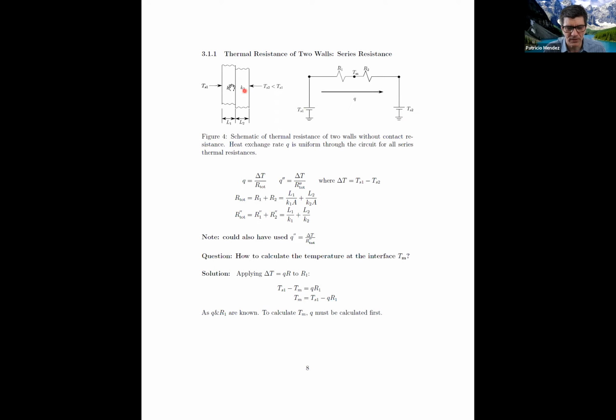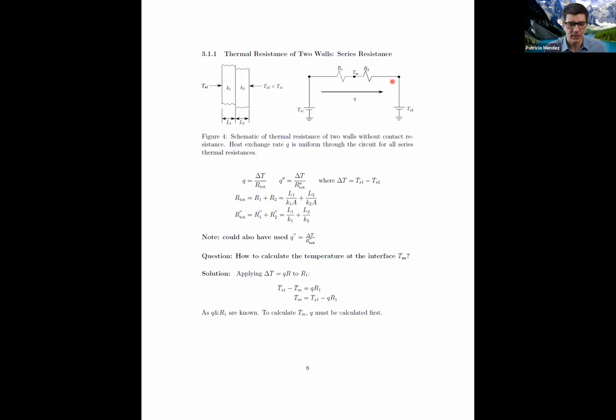If it was left to right in this schematic, it flows left to right in this other schematic too. And as heat goes first through one wall and then through the other, we see the same. Heat goes first through one wall, and we are going to call this thermal resistance R1, and then goes through the other wall, and we're going to call the thermal resistance of the other wall R2.